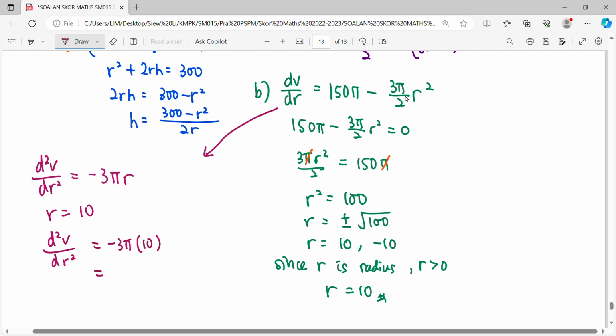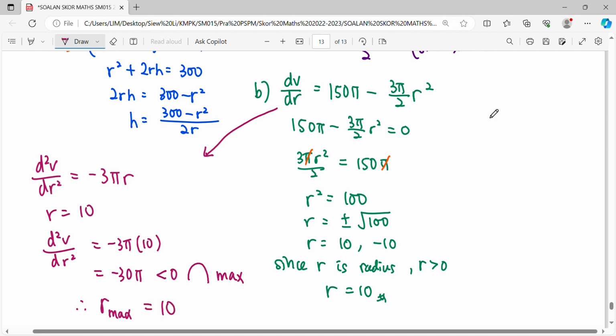We get negative 30 pi, which is a negative number, less than 0. For the second derivative test, we show our concavity: less than 0 is concave downward. So this is the maximum case. Therefore, we verify this radius is maximum at the value of 10.